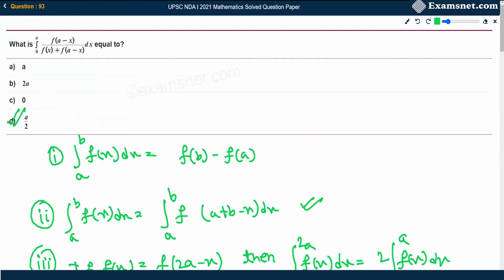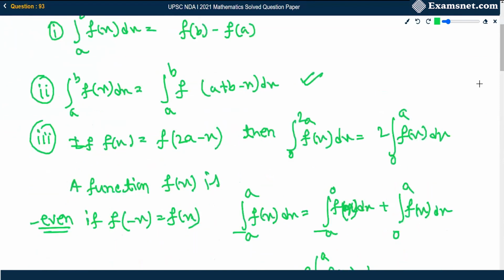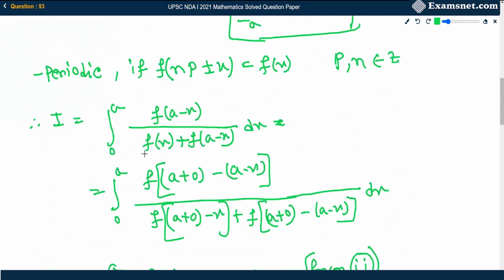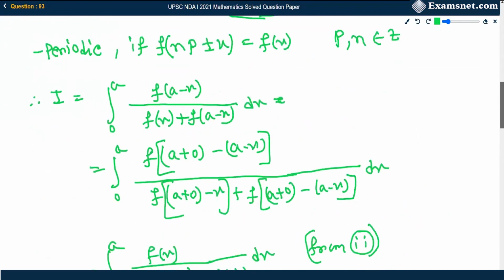Look at it again. This formula we have used: the integral from a to b of f(x) dx equals the integral from a to b of f(a+b-x) dx. First, I assumed it as I. Then I put the formula, since it's 0 to a, that's why a+0-a-x, a+0-x, a+0-a-x.